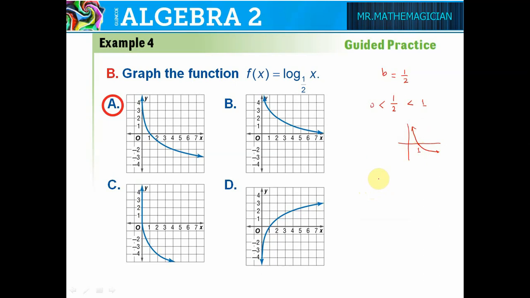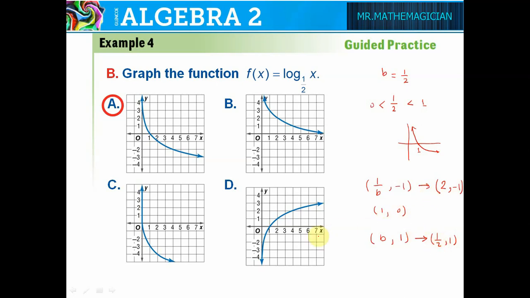Now the 3 points, as we said before, are (1/b, -1), (1, 0), and (b, 1). (b, 1) is easy because b is half, so this will be (1/2, 1). This stays the same, (1, 0). This 1 over b means flip the fraction. b is already a fraction, so when you say 1 over b, you flip the fraction, which means it will be (2, -1).